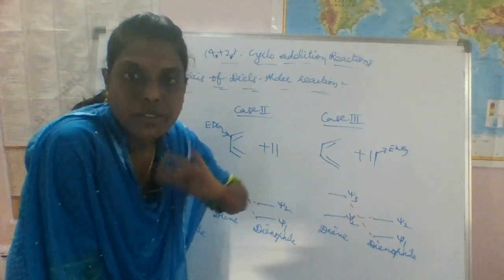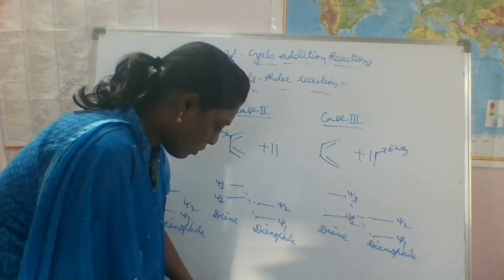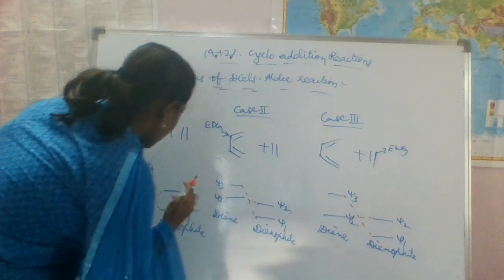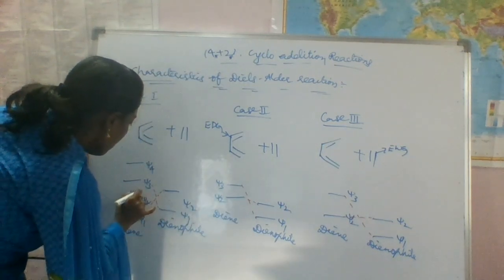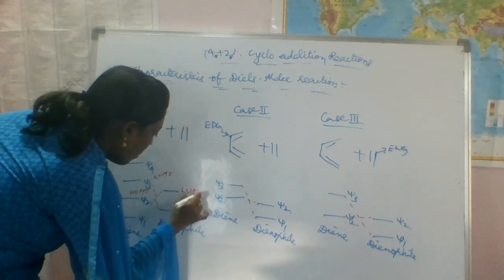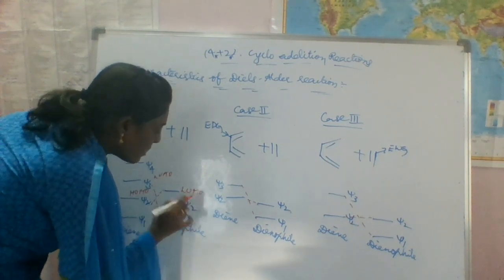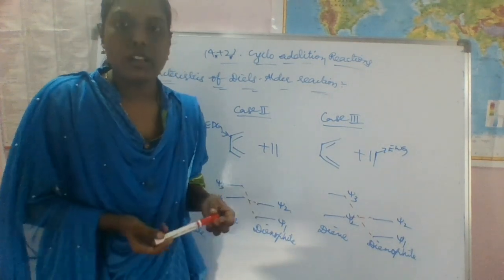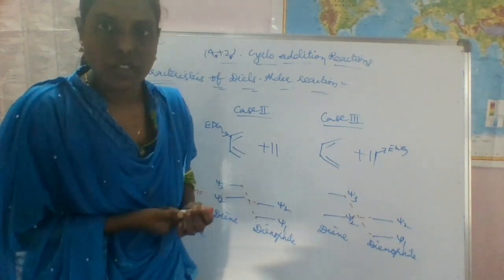So you have to write HOMO and LUMO also. There is a gap decrease between these levels, so that's why it increases the rate of the reaction.